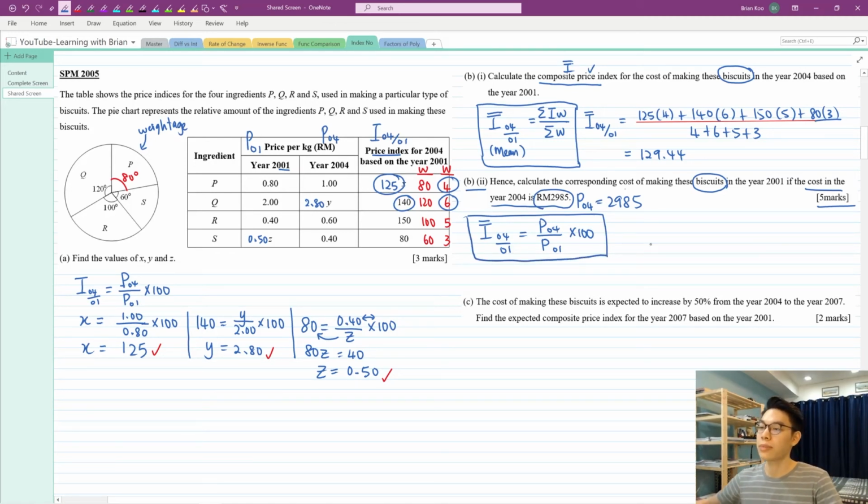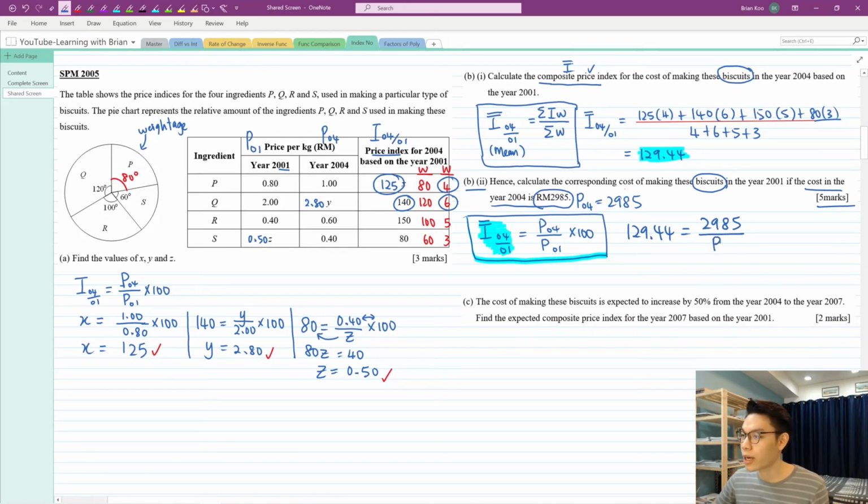It's quite simple because we have already found the I bar for 04 based on 01, which is 129.44. This is the index for the biscuit. So we put 129.44 equals the price in year 2004, which is 2985, over the price in year 2001, which is what we are trying to calculate, times 100.